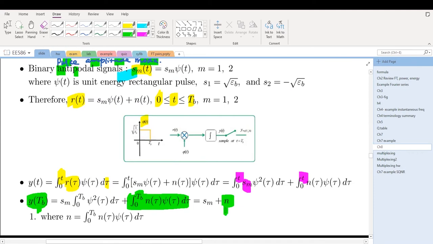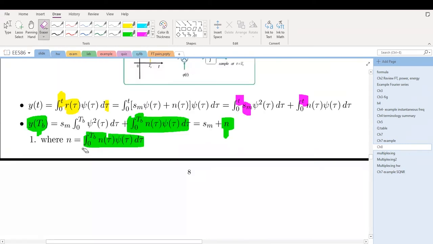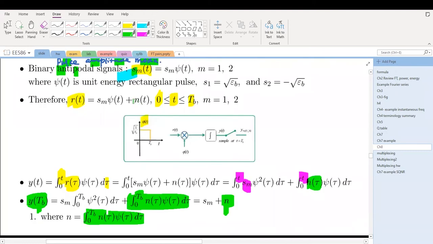Next, let's look at the properties of n. And this n equals this integral. This quantity n is Gaussian because n(t) is a Gaussian random process. So therefore, at any time instant, this random process becomes a Gaussian random variable. Therefore, at time tau, n(tau) becomes a random variable, and this random variable is multiplied by another constant, psi(tau).